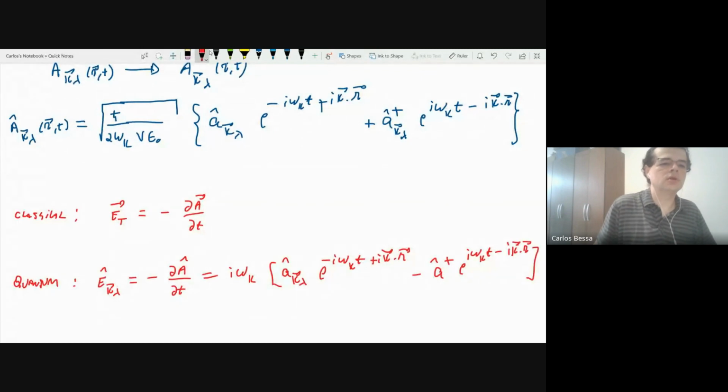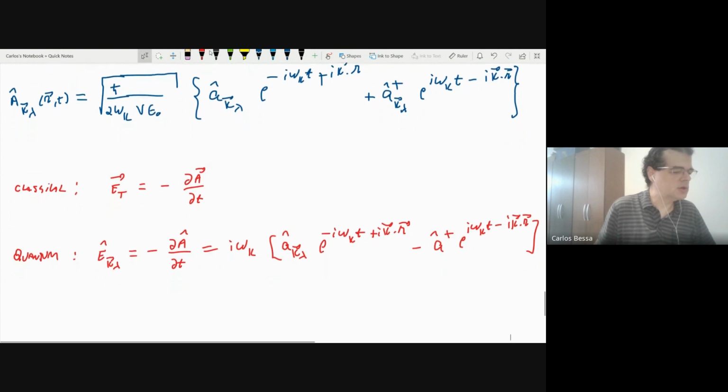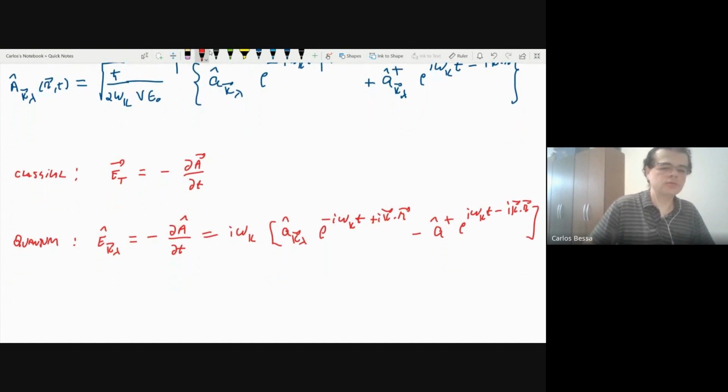So this in the vector, these are in terms of the amplitudes. So in terms of the E(t), it just becomes E. I'll use the notation of Nielsen and Chuang. So this is the sum of all modes.